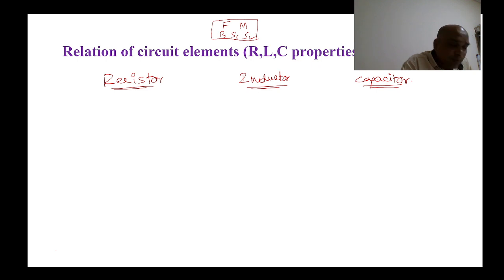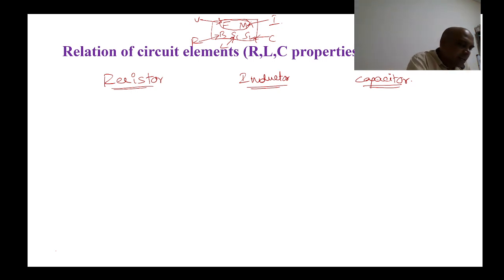Here father is voltage, mother is current, brother is resistor, sister 1 is inductor, sister 2 is capacitor. Father and mother are source elements. Always, father and mother give the money to brother and sisters.